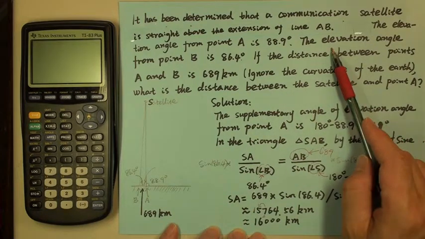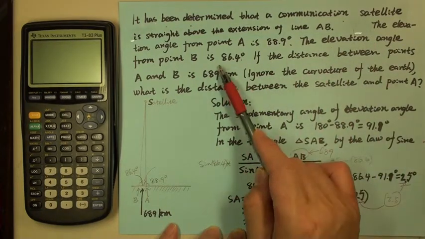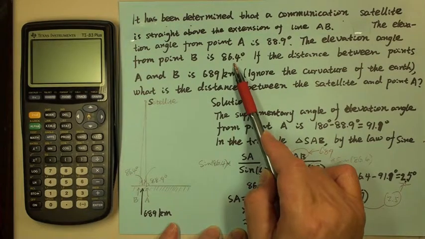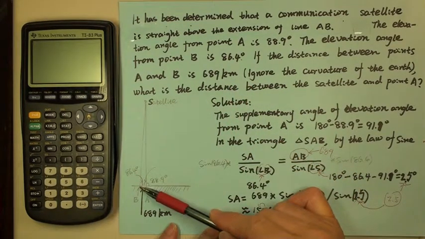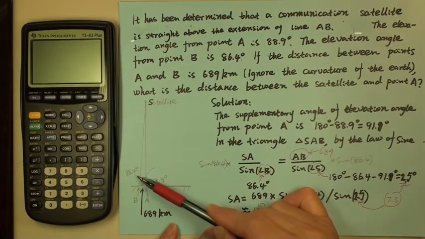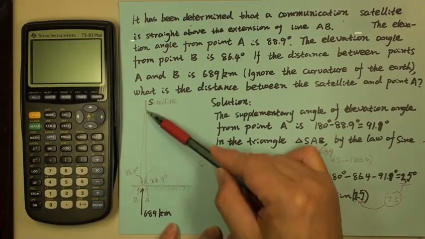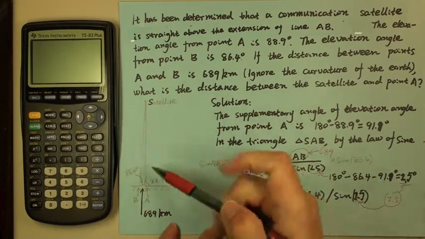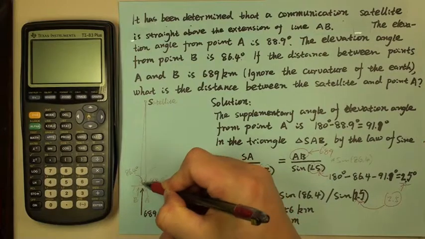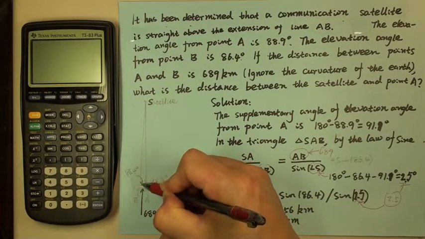And then the elevation angle from point B is 86.4 degrees. So from this point it is 86.4 degrees elevation angle. So one is this angle, another is this angle. Alright?